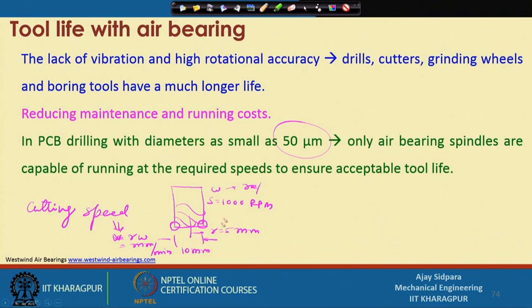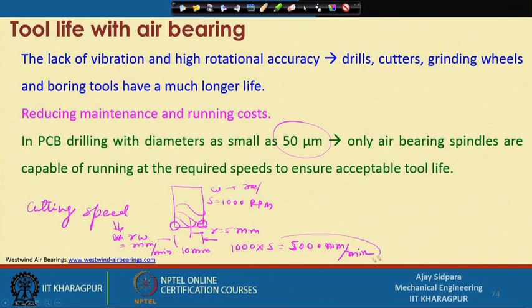If you calculate this cutting speed, consider this is 1000 rpm, 1000 multiplied by 5. So, you end up with 5000 mm per minute. The radius is 5 and omega, your rotational speed, is 1000.